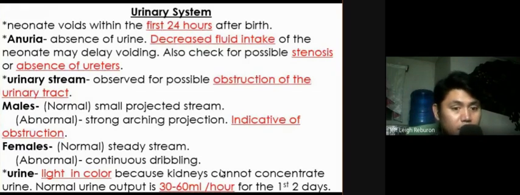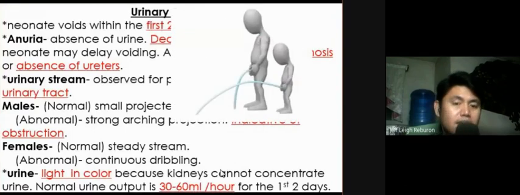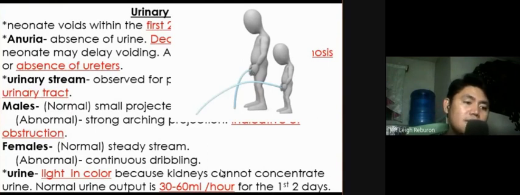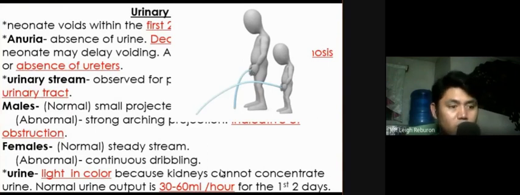Okay? Now, ganyan po yung itsura ng urinary stream, both normal and abnormal. Yung mas malaki po, that's the normal urinary stream. Ito po. Ganyan po dapat yung itsura ng urinary stream. Very small lang po yung projection.